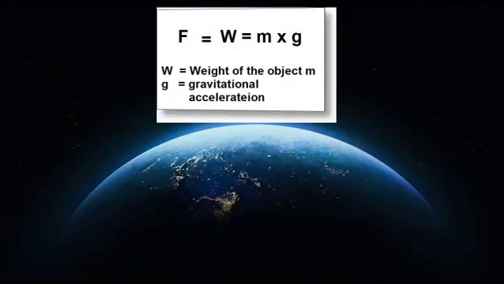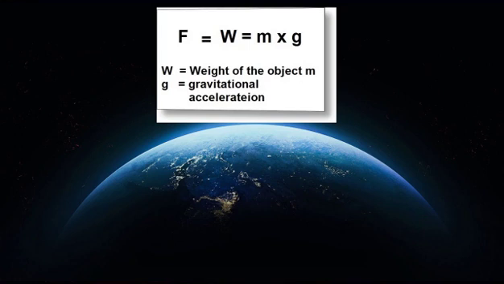At the same time, we know that the weight of anybody is again a force. Weight of anybody is again a force, and that force is the force with which the earth attracts anybody towards its center. So again we have a force in the form of the weight, so we can say that F is equal to W, weight, which according to the formula is mass multiplied by small g.